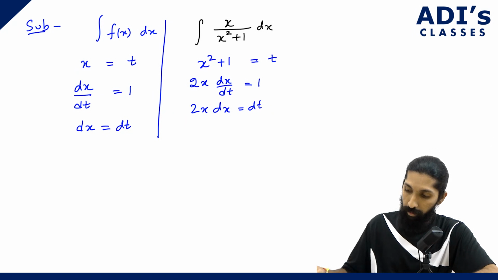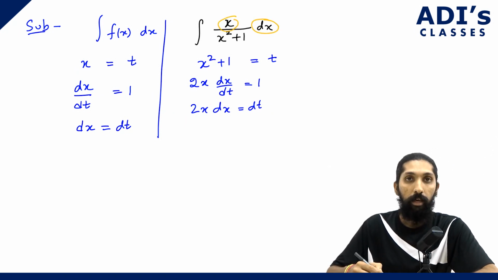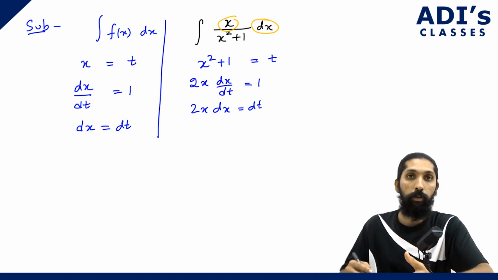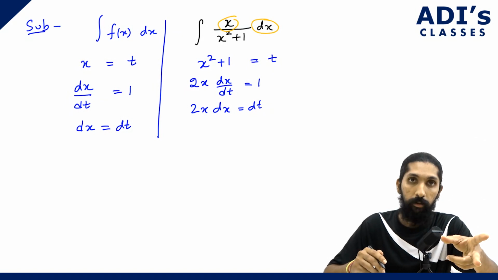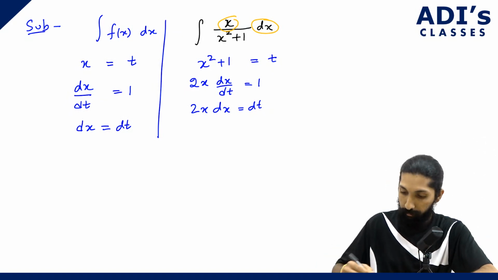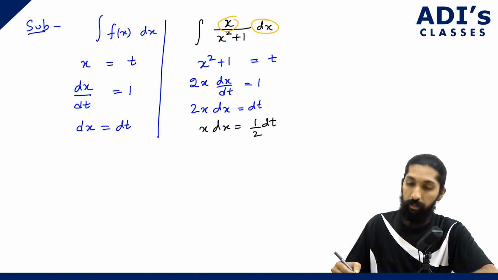Now look at the numerator. The numerator has x dx, correct? But what we got from this is 2x dx. So if you need x dx, x dx is equal to half of dt, isn't it?